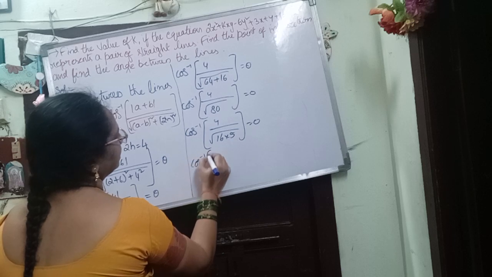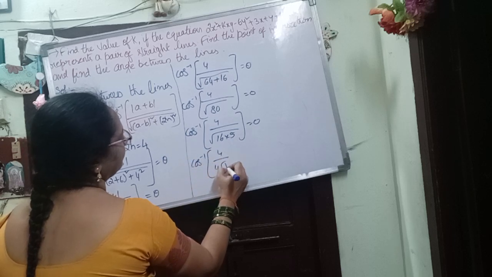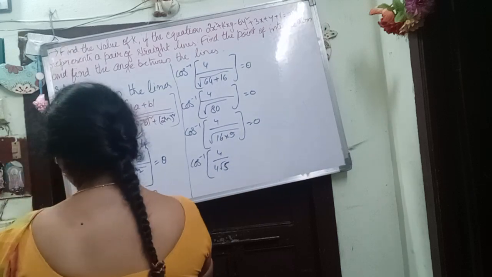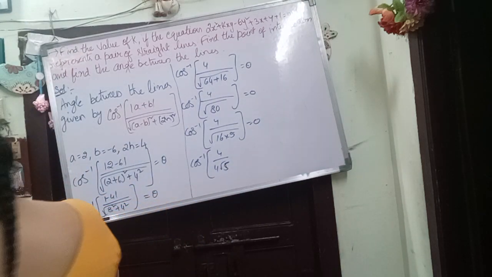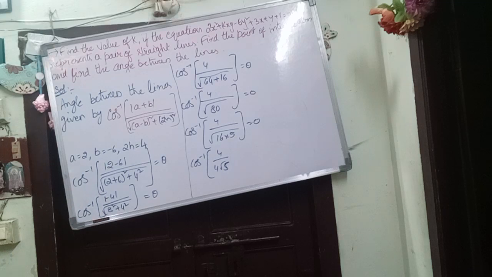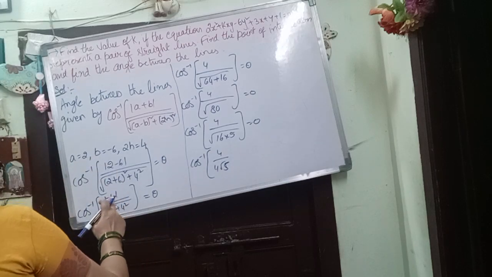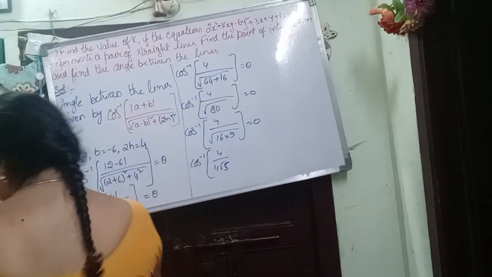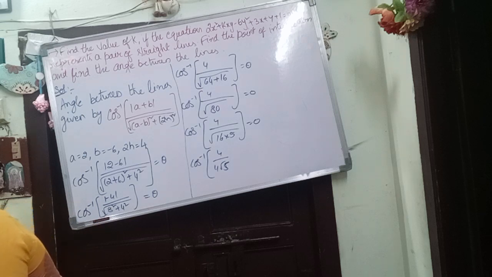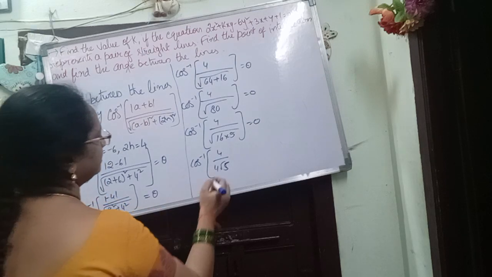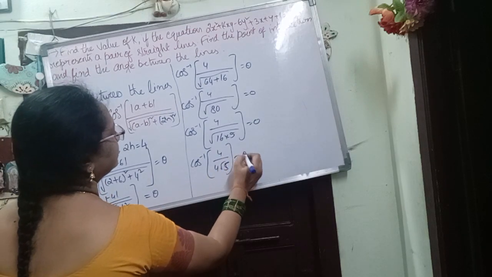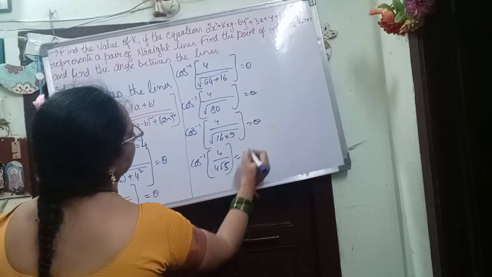So cos inverse 4 by 4 root 5, right? Okay, so equals theta.